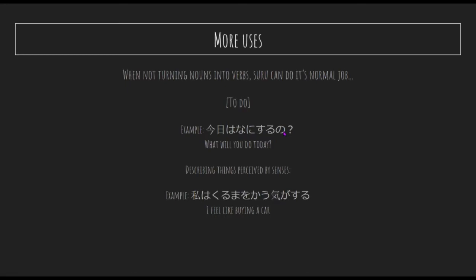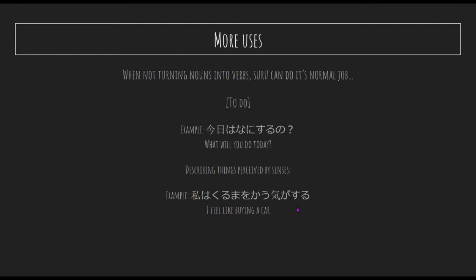Another way we can use suru is when we're describing things perceived by senses. Let's look at this example here. Watashi wa kuruma o kau ki ga suru. Ki ga suru is a set phrase that means you feel, or when you sense something, even though you may not know the reason why you feel that, you kind of just feel it.